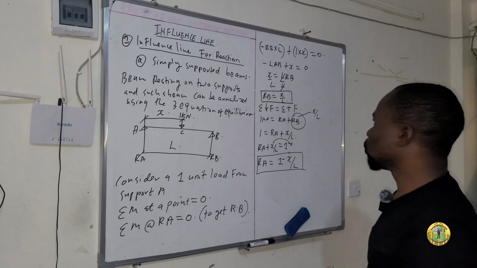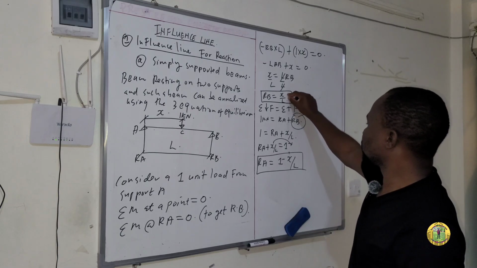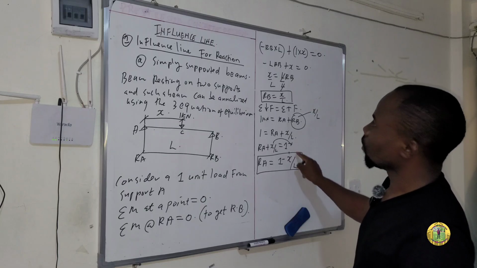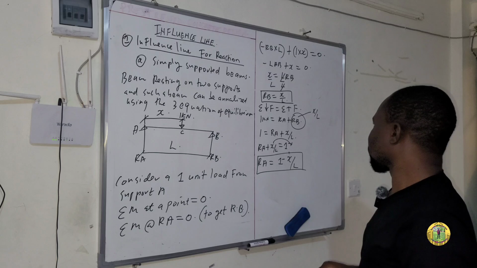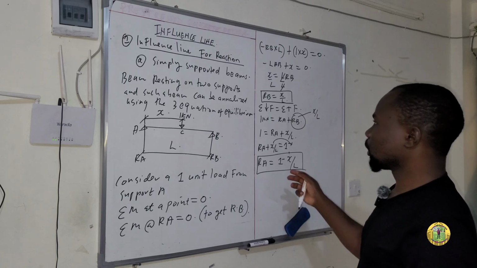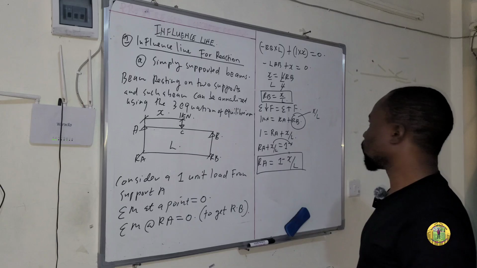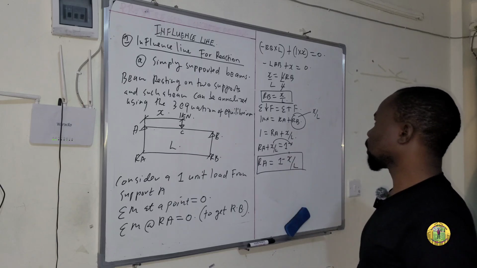So this is how you obtain RB and RA reaction for a simply supported beam. You will understand more when we will be tackling examples. So that is all about simply supported beam.